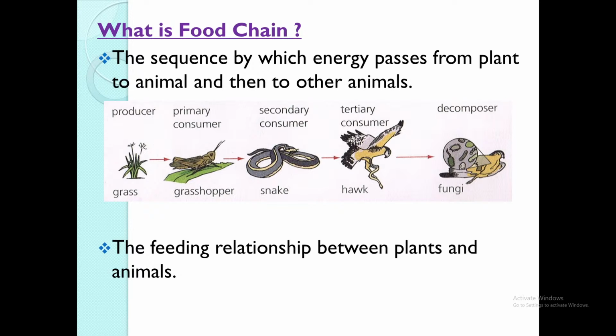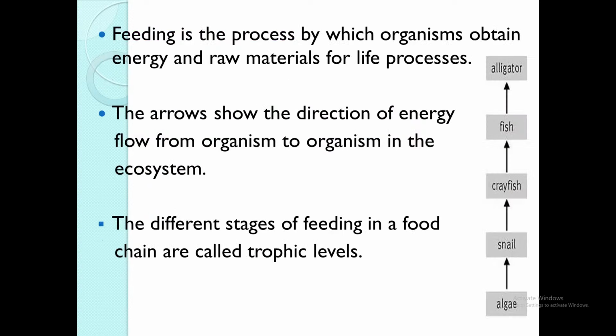Or you have grass, goat, human. Those are just simple food chains, so it doesn't have to be as lengthy as these that are here. It is just that based on the question, persons would know how many living things to put in that particular food chain.